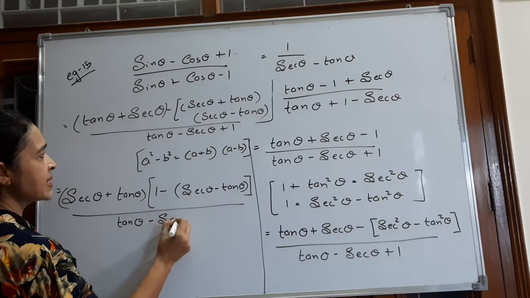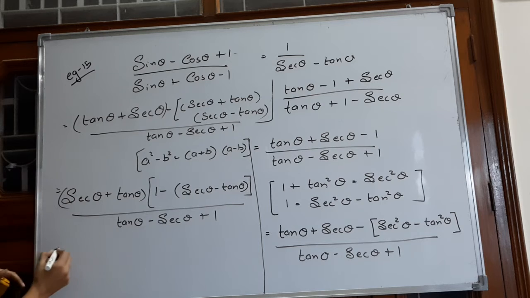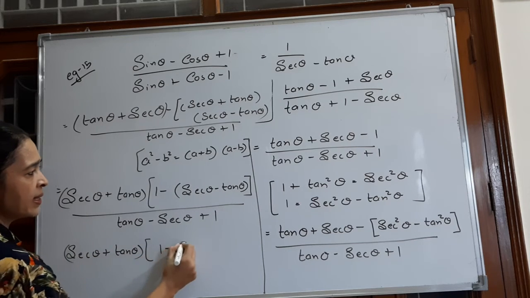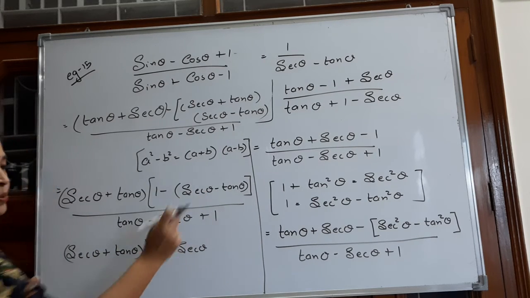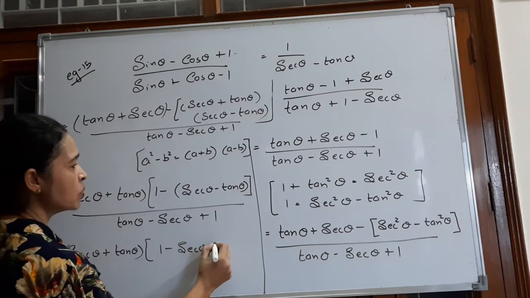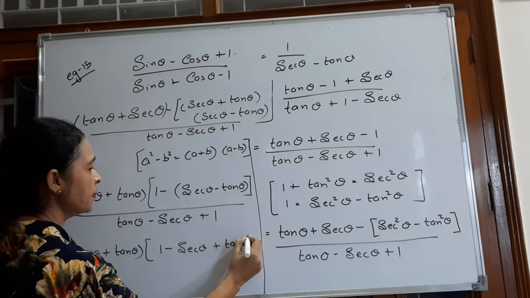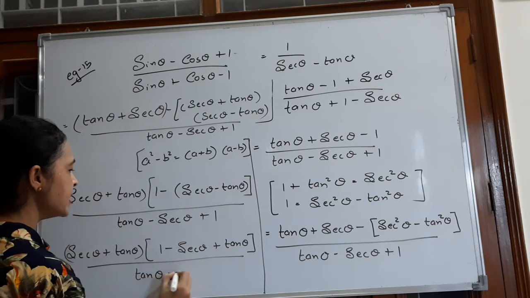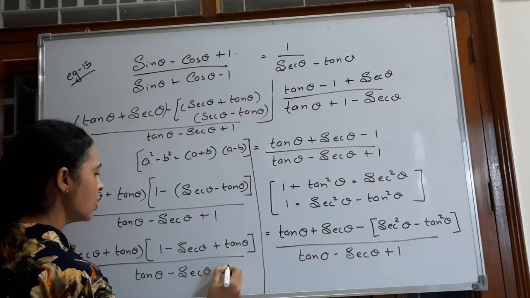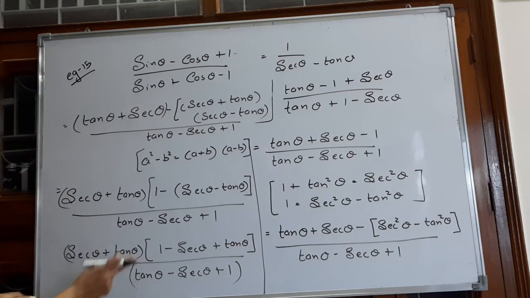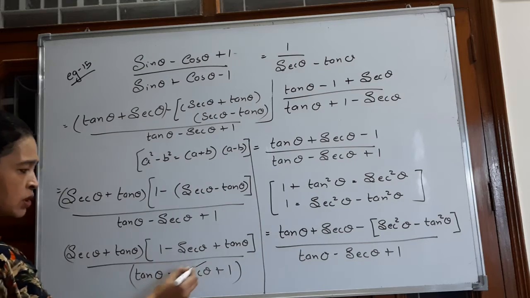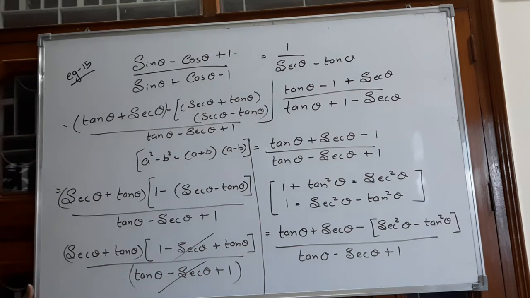Upon tan theta minus sec theta plus 1. We have sec theta plus tan theta, 1 minus sec theta plus tan theta; signs change as we have a minus sign outside, upon tan theta minus sec theta plus 1. Students, look at this. We have 1 positive, sec theta negative, tan theta positive. The whole term gets cancelled.